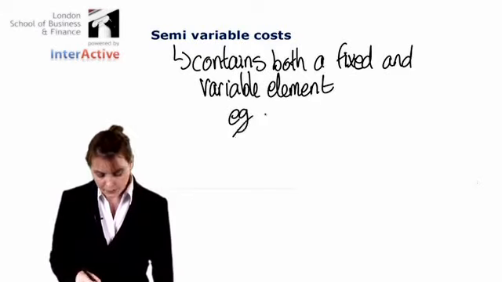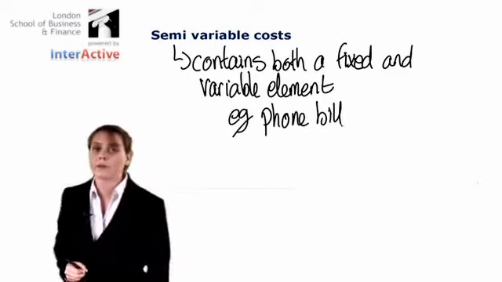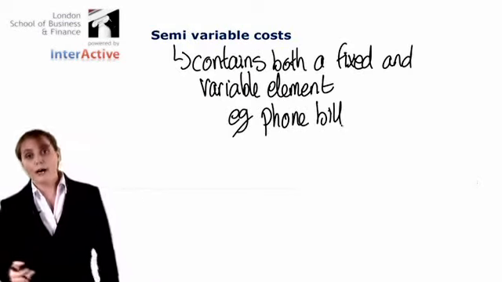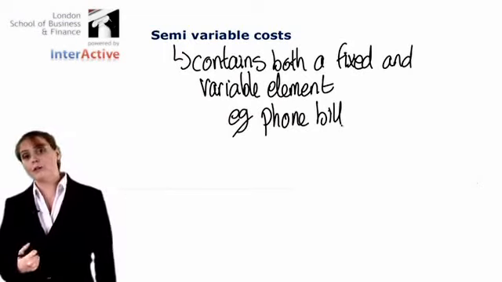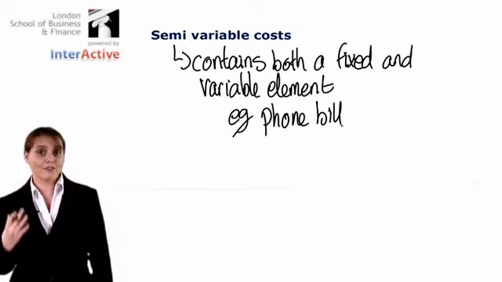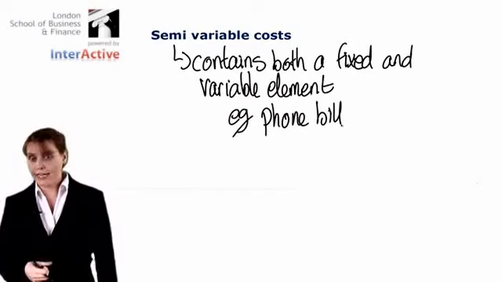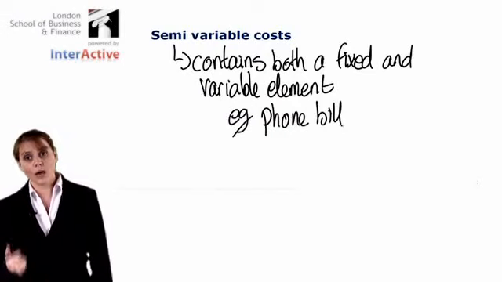And the example I'm going to give is a phone bill. So if we take a mobile phone bill for argument's sake, I don't know about you, but every month I have to pay a flat fee, a connection fee in relation to my mobile phone. That is a fixed cost.